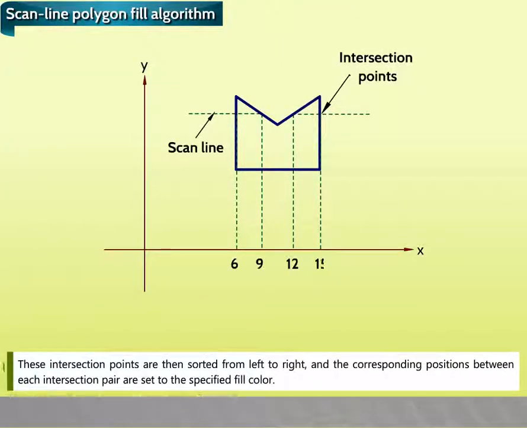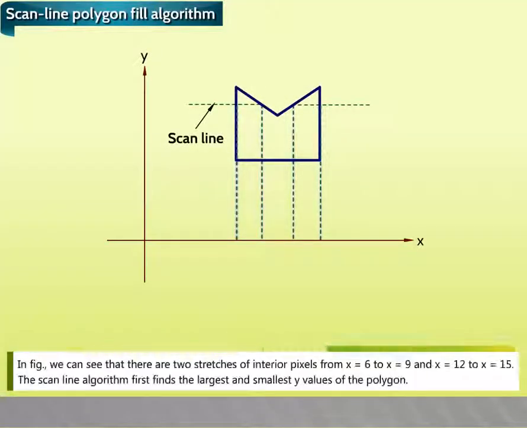These intersection points are then sorted from left to right, and the corresponding positions between each intersection pair are set to the specified fill color. There are two stretches of interior pixels from x equal to 6 to x equal to 9 and x equal to 12 to x equal to 15.